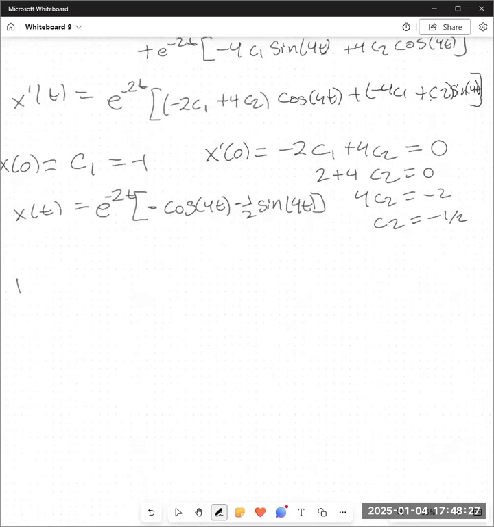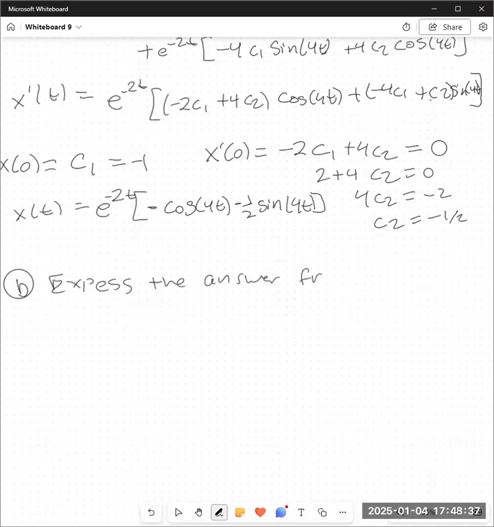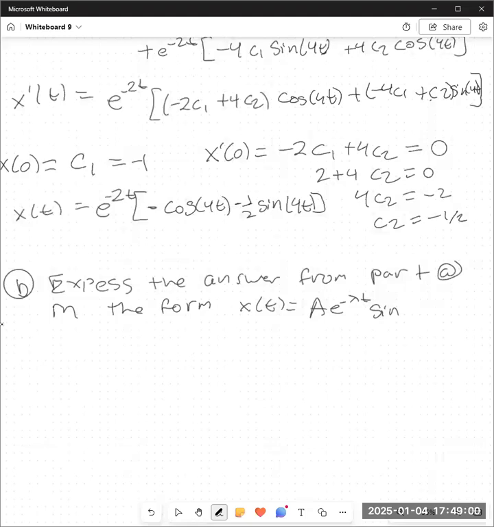So part B says express the answer from part A in the form x of t is equal to A e to the negative lambda t sine of square root of omega squared minus lambda squared t plus phi. Should look familiar. We did something similar to that last time.